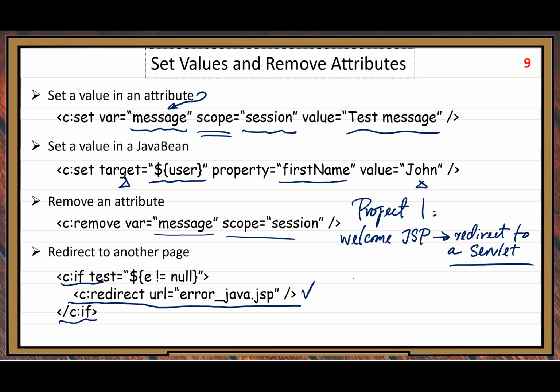For example, here I give you the example. Scriptlet, we need to write a scriptlet. For redirect, you use the response implicit object: response.sendRedirect method. Remember, sendRedirect method. Then double quotes with the URL inside. Let me call the servlet.